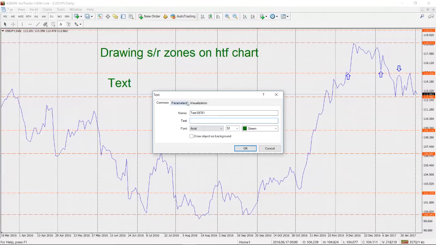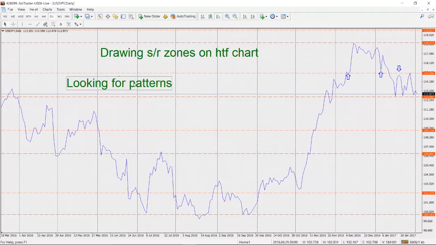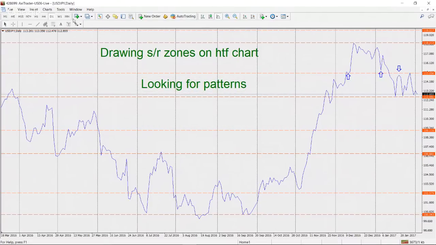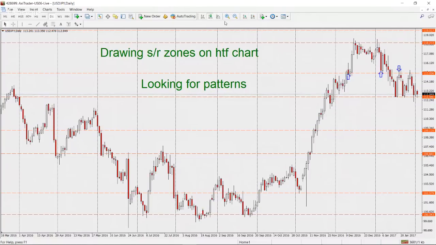Number two is we're looking for patterns. So we wait patiently for the market to get to these spots, and then when it gets there, we wait and see, are there any reliable patterns?